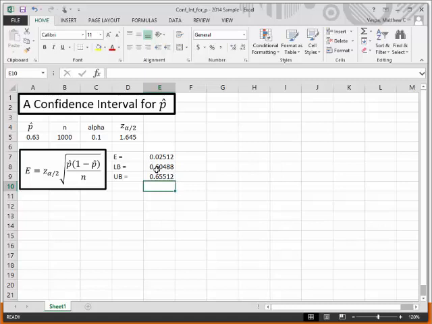There we go. So there's my lower bound, 0.605 to the nearest thousandth, and my upper bound, 0.655 to the nearest thousandth. So we're estimating between 60.5% and 65.5% of voters are in favor of the death penalty.